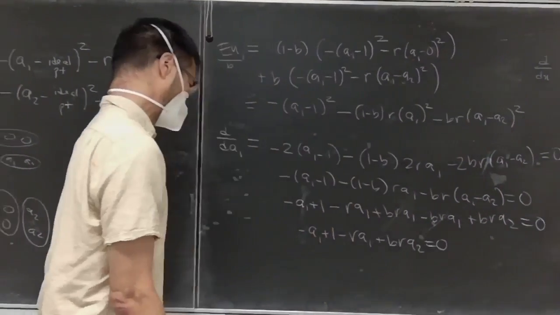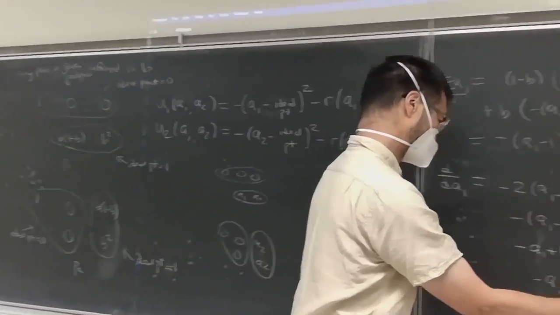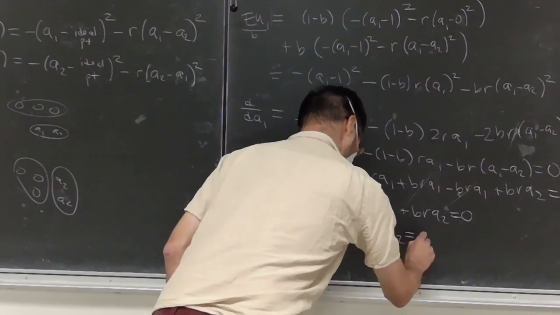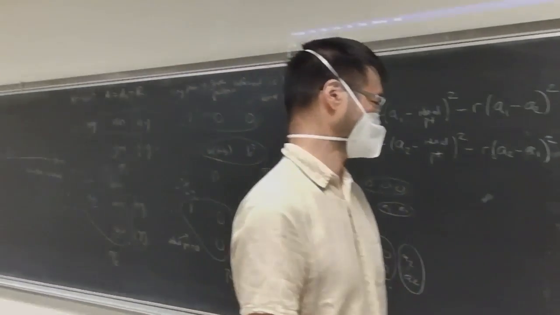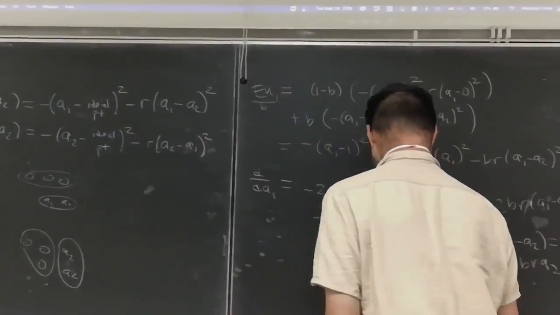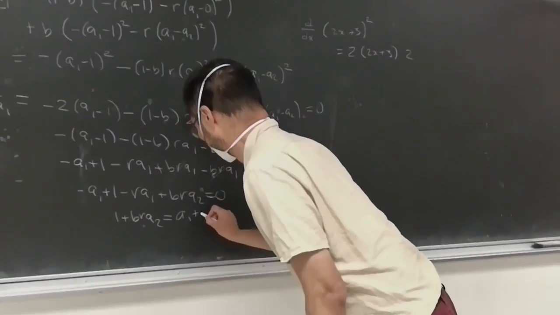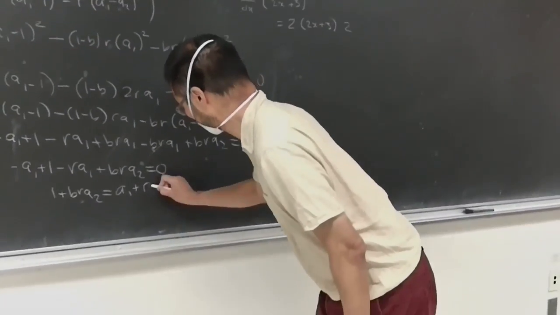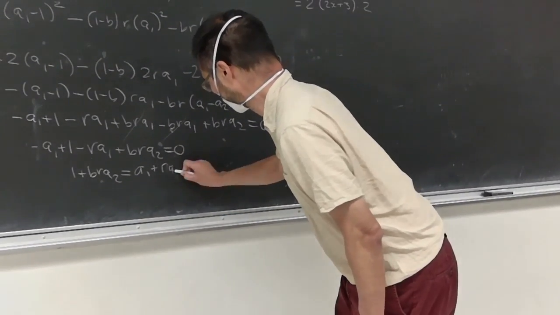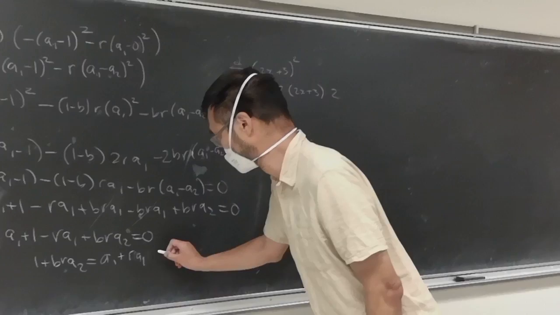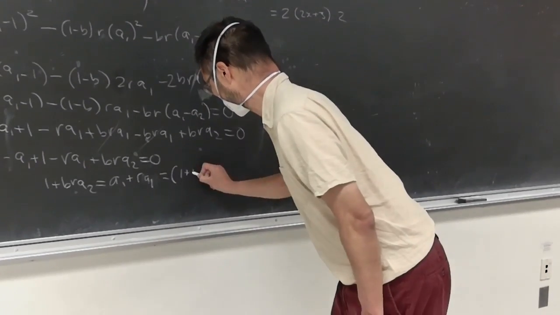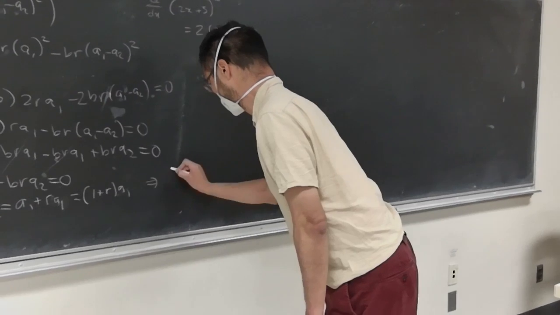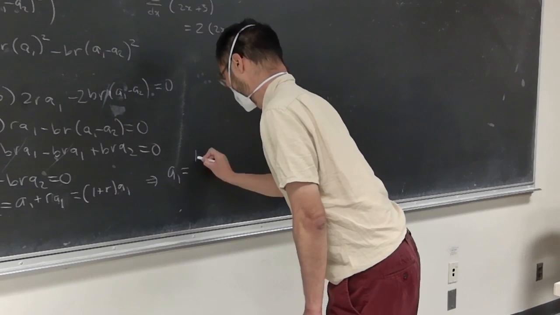So I'm solving for A1, right? So maybe I'll put all the A1s together. So this is 1 plus BRA2 equals what? A1 times 1 plus r, yeah. So therefore, A1 equals 1 plus BRA2 over 1 plus r.